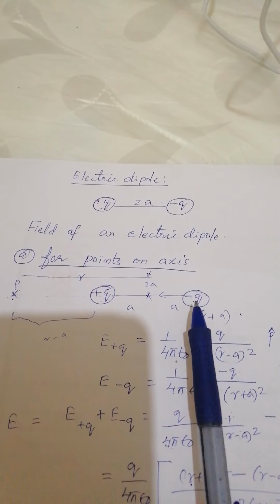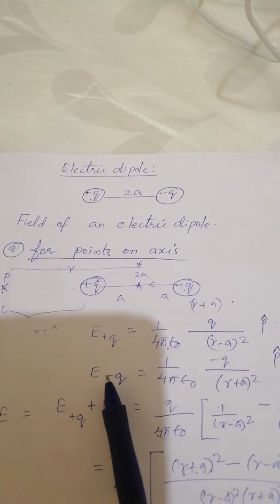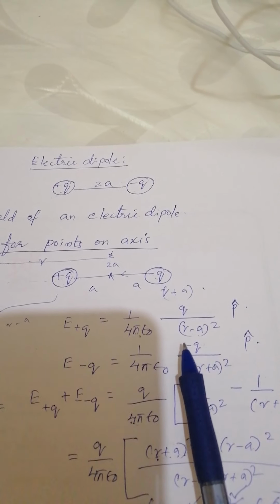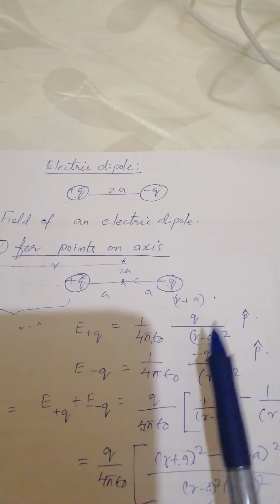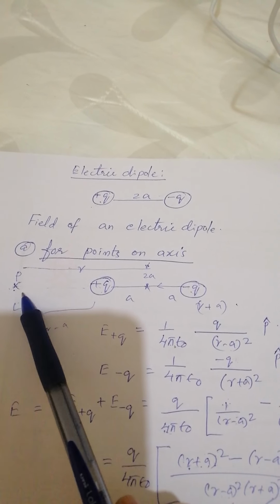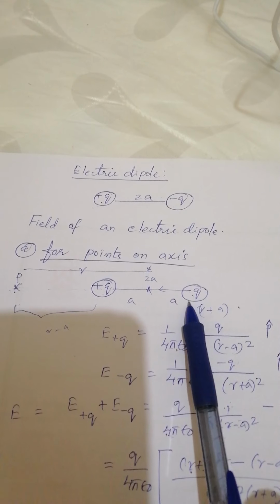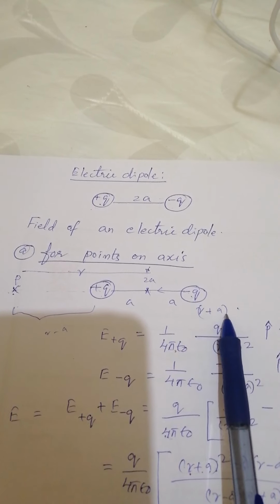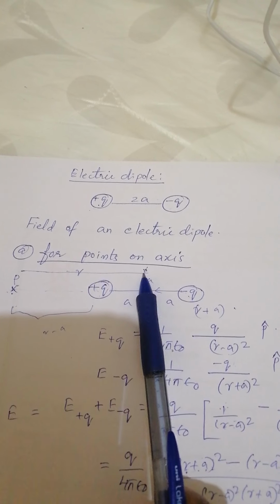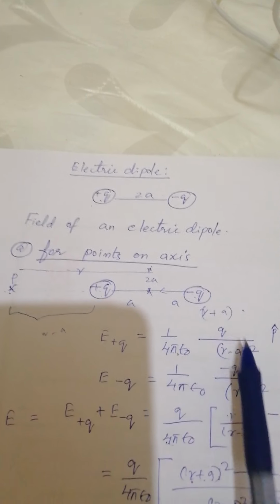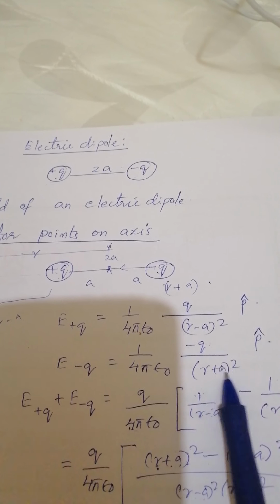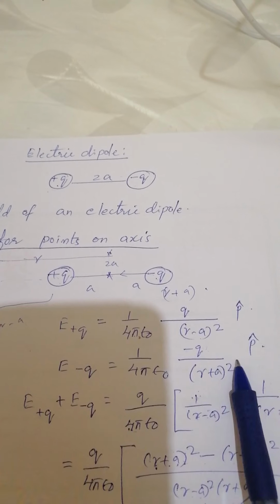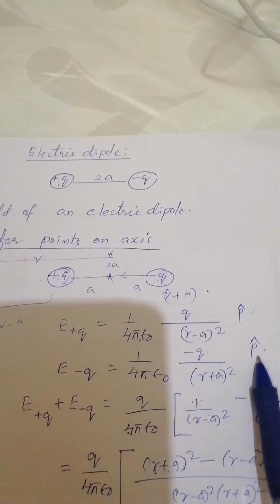The electric field due to minus q, E minus q, is 1 by 4 pi epsilon 0 minus q divided by r plus a whole square, where r plus a is the distance of point P from minus q, and these are taken along the unit vector direction.